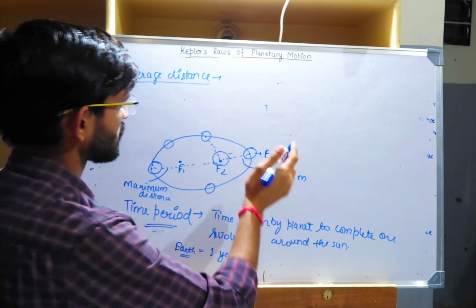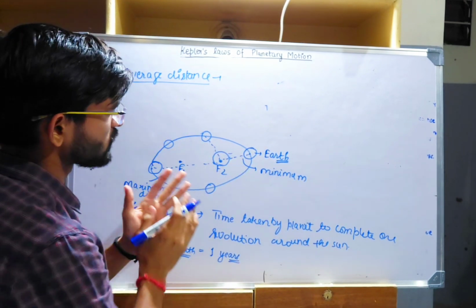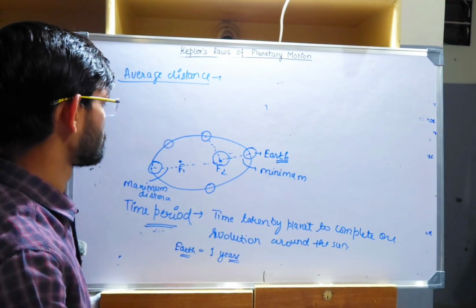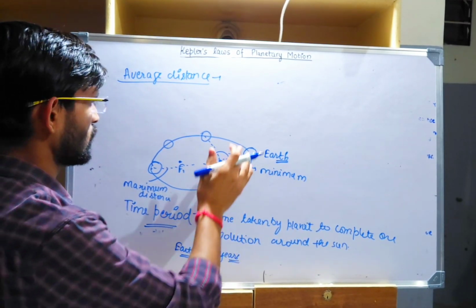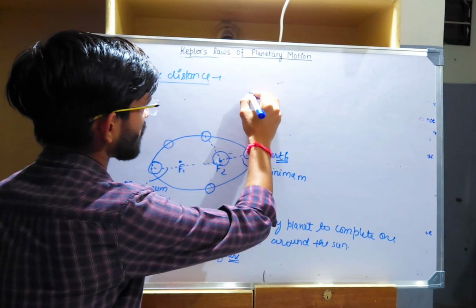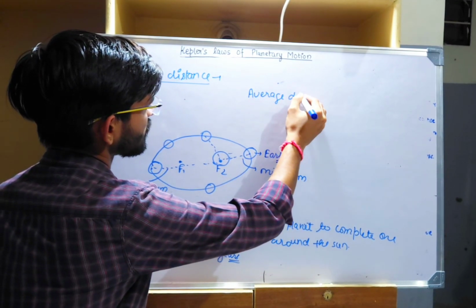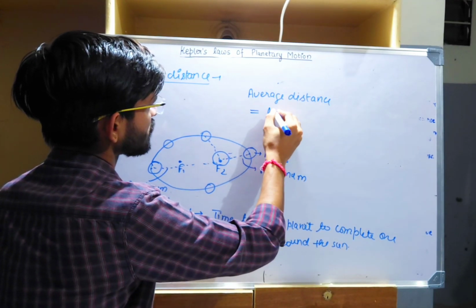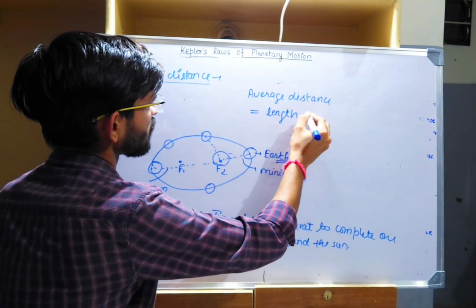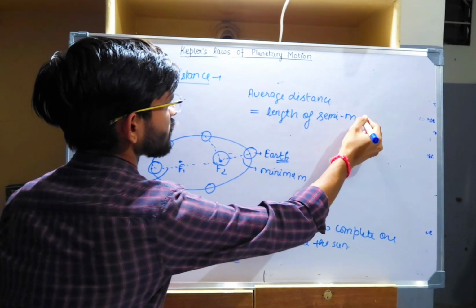Then we divide the sum of these distances by the number of observations, and we get the average value. In the case of orbital motion, the average distance of a planet is equal to the length of the semi-major axis.